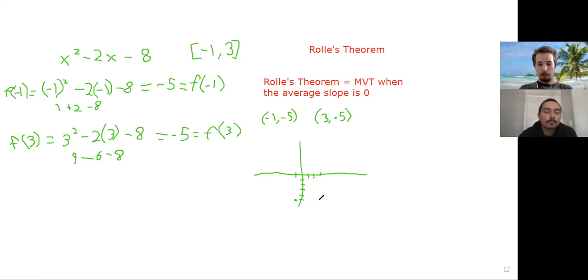This is the other endpoint. The average slope between these two is 0, because they have the same y value. Are you guys following me so far?